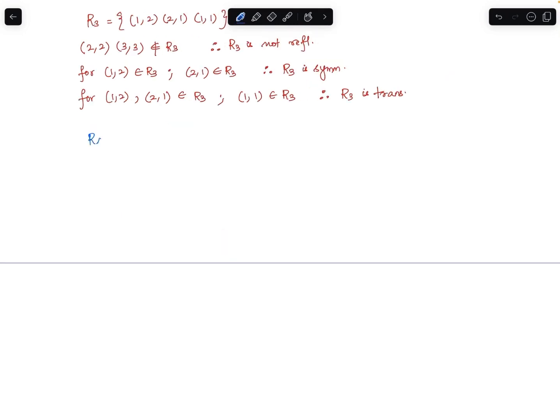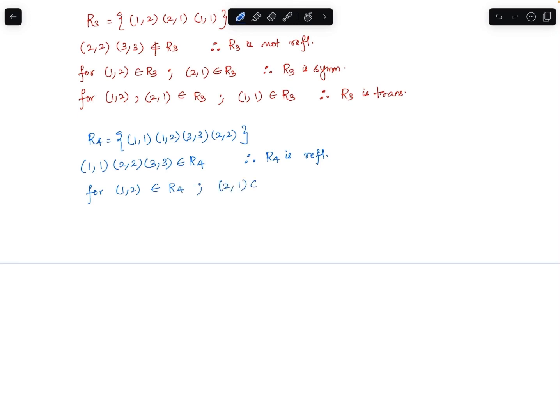The relation R4 is given as a set of ordered pairs 1, 1, 1, 2, 3, 3, 2, 2. Since 1, 1, 2, 2 and 3, 3 are present in R4, R4 is reflexive. For the ordered pair 1, 2 in R4, there is no 2, 1 in R4.